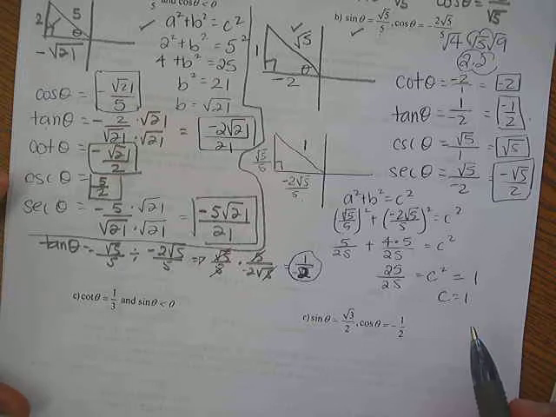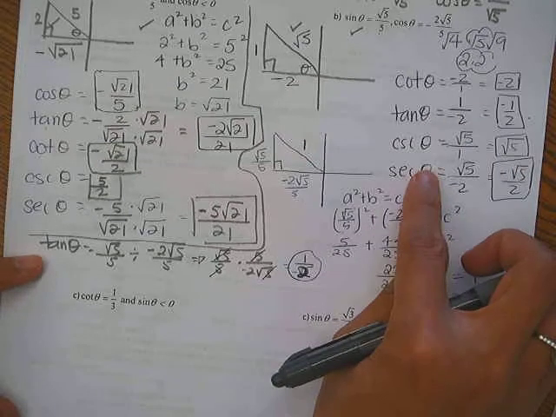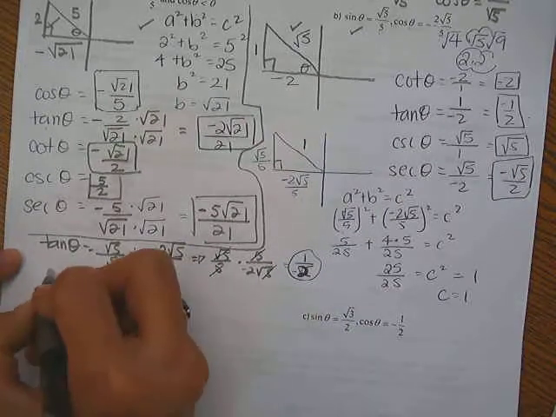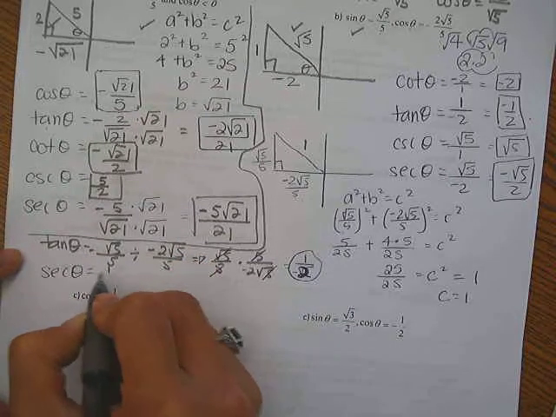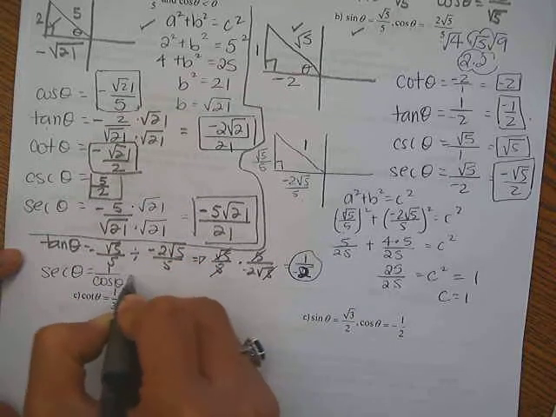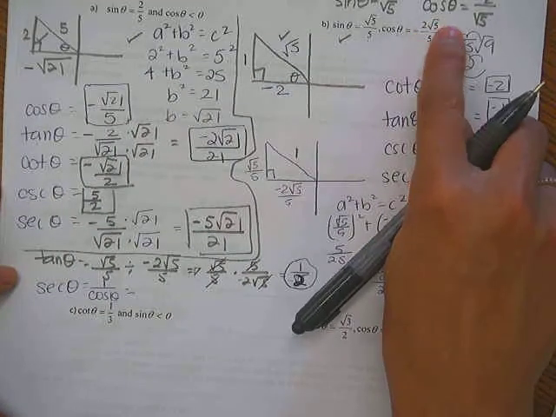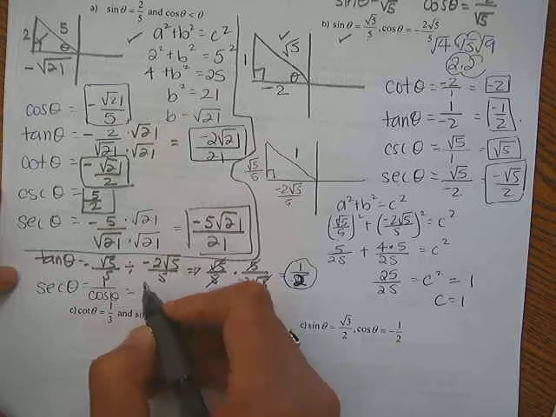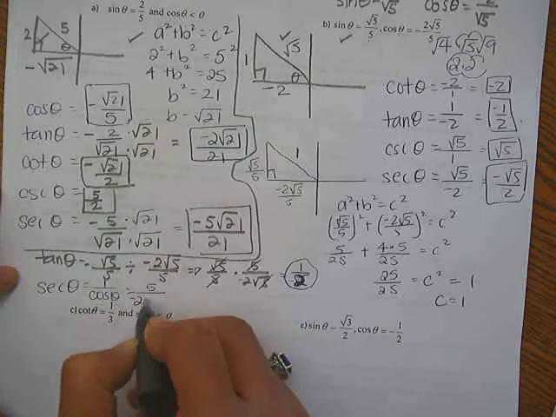And let's prove another one. Let's do secant. I'm not going to find all 4 values again because the answers are going to be identical. But what if I want to find secant of theta? Well, secant of theta is going to be the reciprocal of cosine of theta. I know what cosine is. Cosine is negative 2 rad 5 over 5. If I were to flip it, then it would be 5 over negative 2 rad 5.